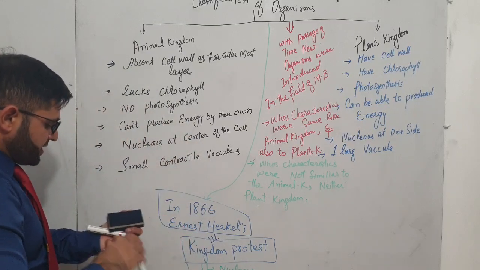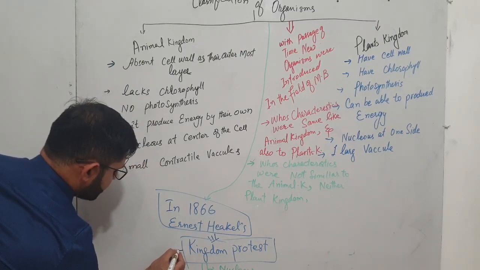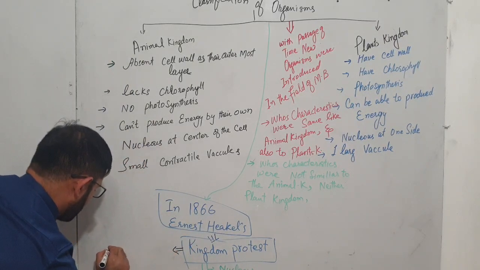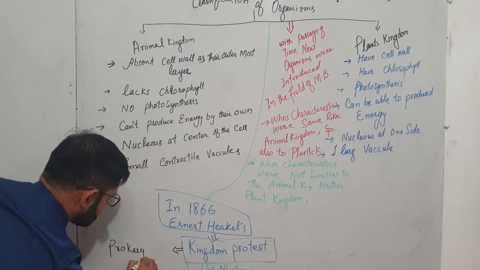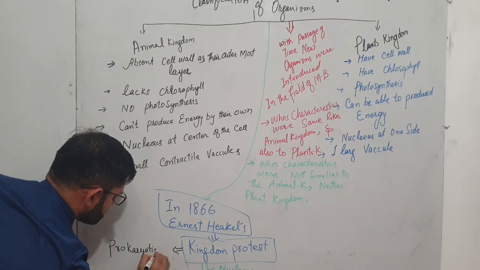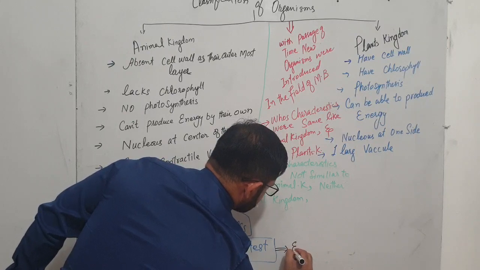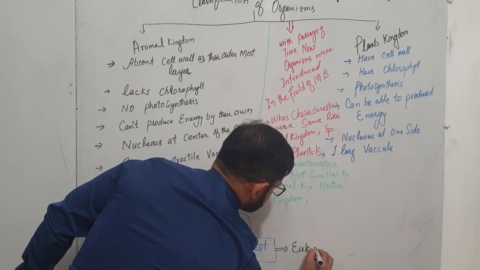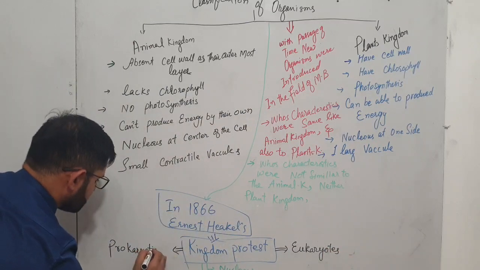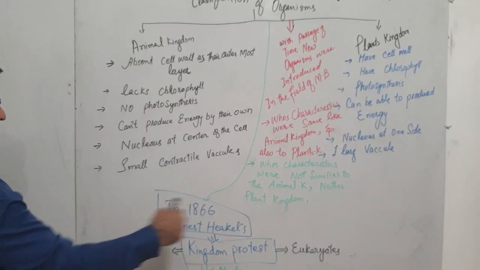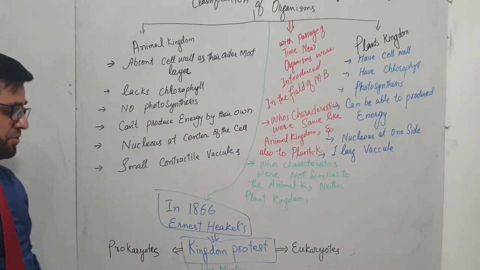Further, the Kingdom Protista was classified into two groups: prokaryotes and eukaryotes.